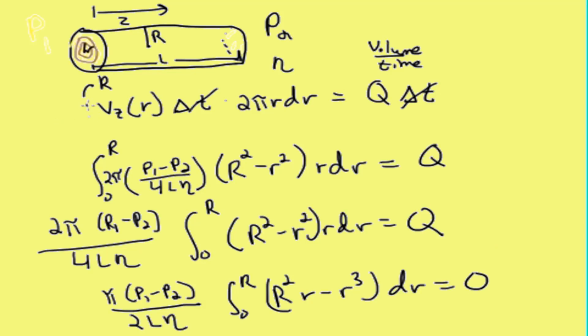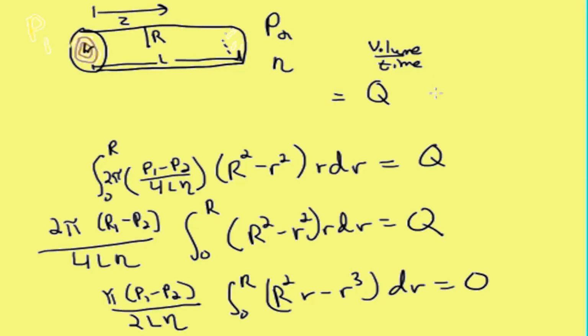And then what we can do is continue the integral. So this is now going to be pi (P1 minus P2) all over 2L eta, and then we integrate this.